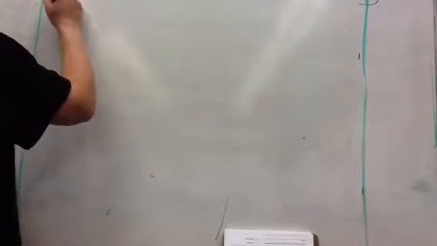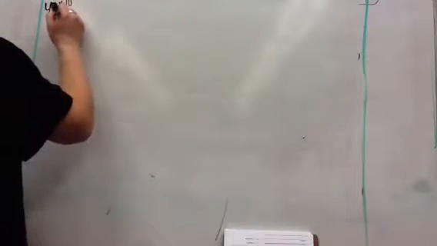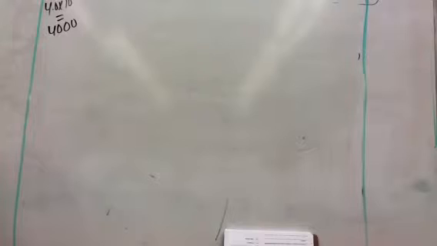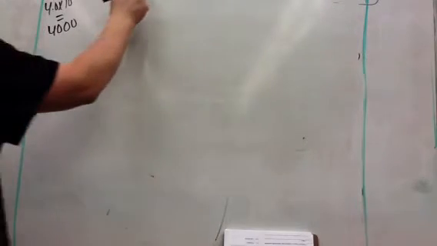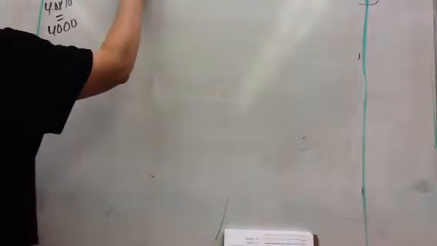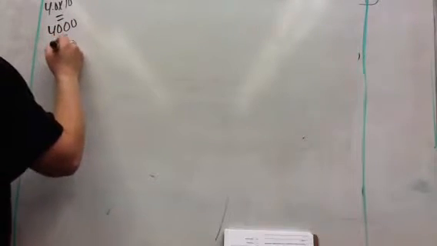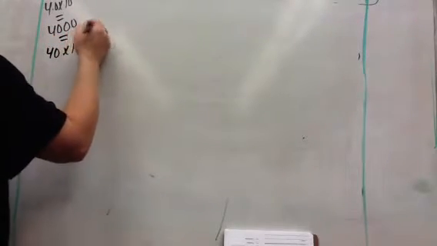Side note, 4.0 times 10 to the third is equal to 4,000. Now we want this in 10 to the second, so we're only going to go back 2. So it's also equal to 40 times 10 to the second.